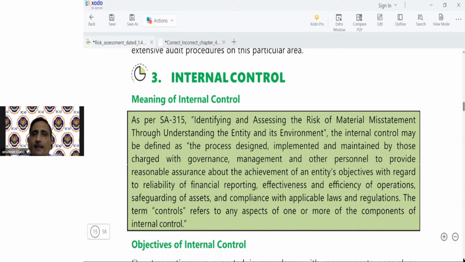Let us say it is a 4-mark question. So this is a direct question. Another example of a direct question could be, discuss the purpose of internal control. That is also a 3-mark question. Such types of questions are direct questions.